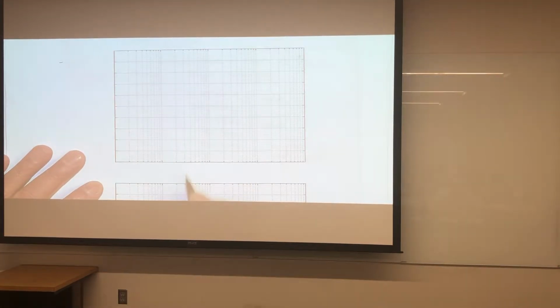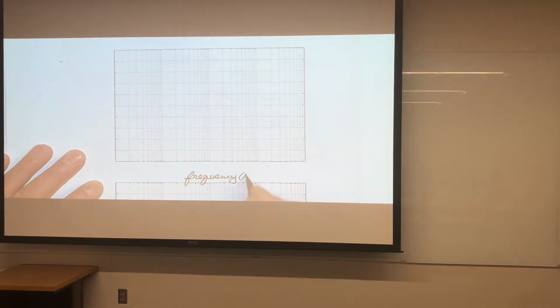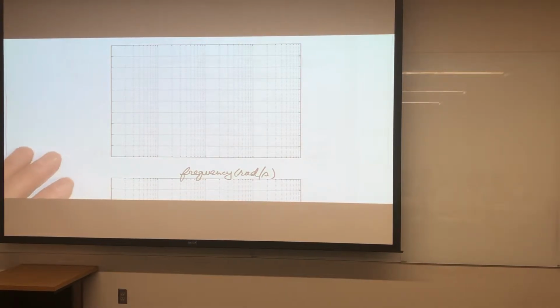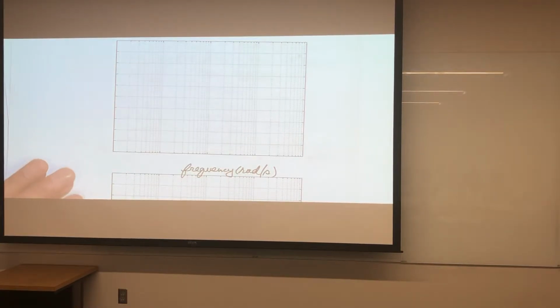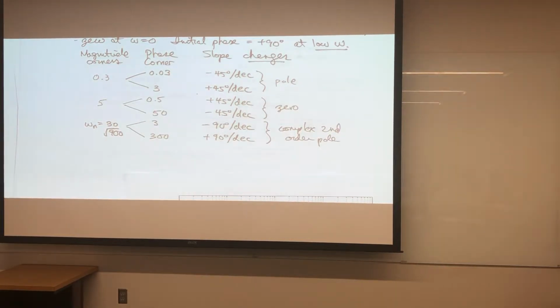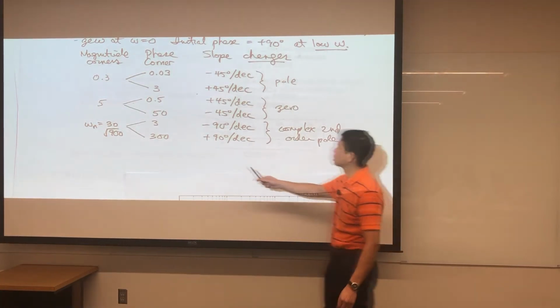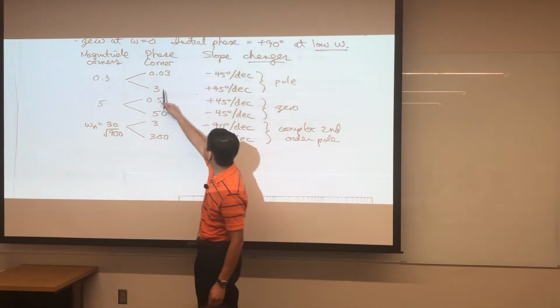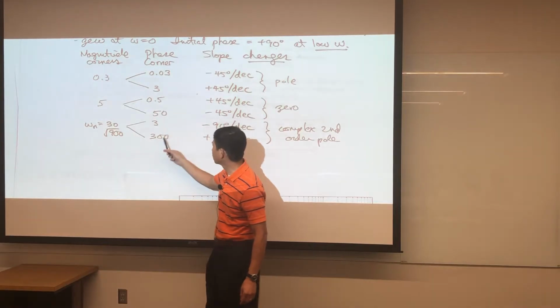We're going to call it frequency. Let's say in school it's radians per second. On a machine it would be hertz or something like that. We need to have a frequency axis that covers this range, as small as 0.03 and as big as 300.